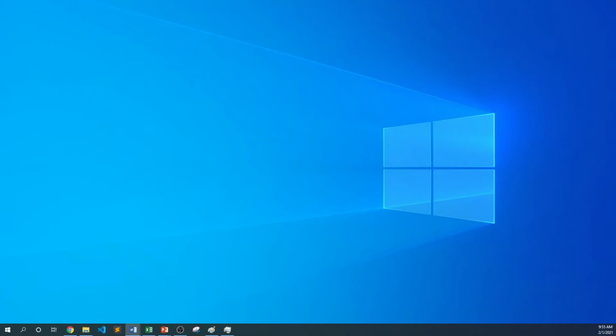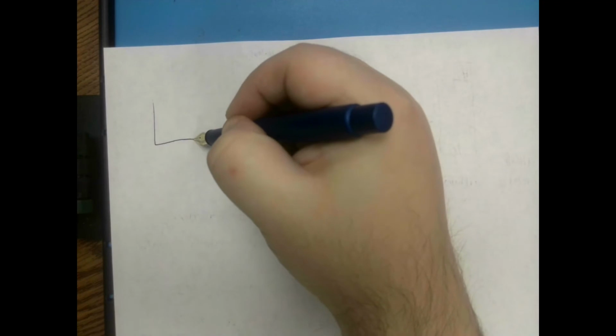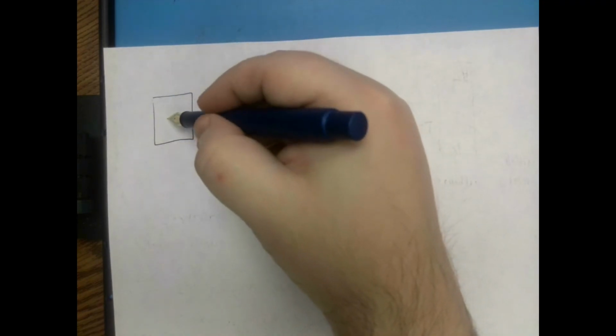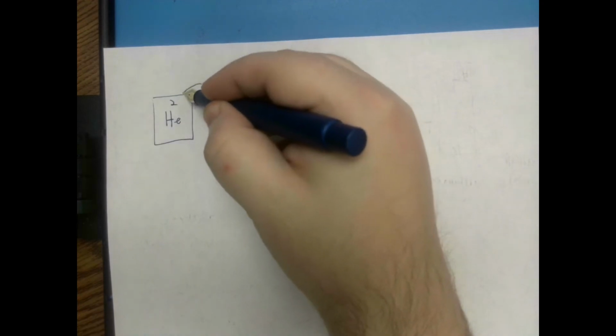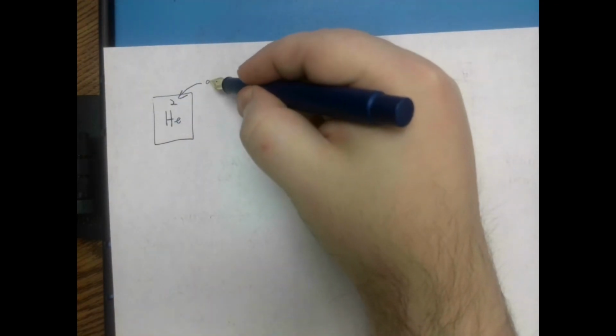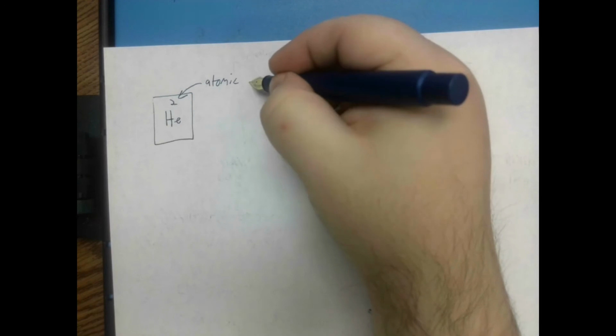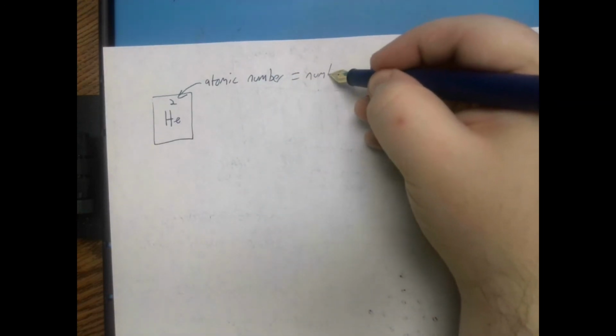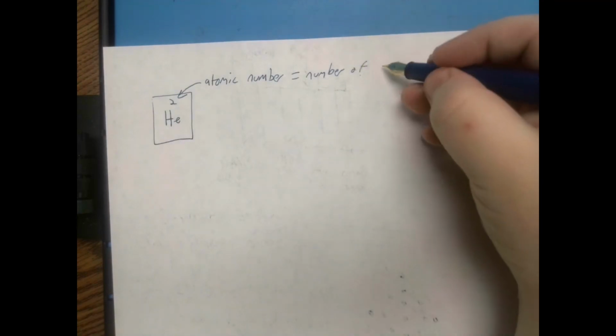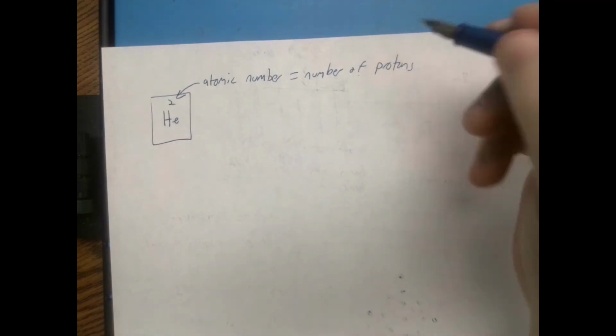What is atomic number? Atomic number is how many protons are in the nucleus. The atomic mass is how much it weighs. So this number right here is the atomic number, and it's equal to the number of protons.